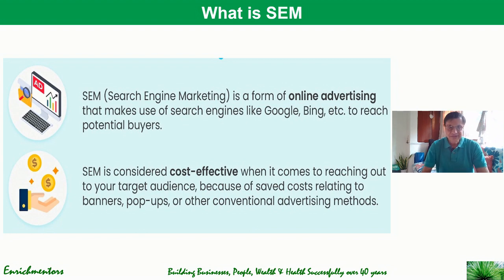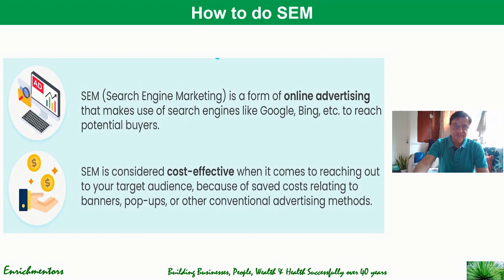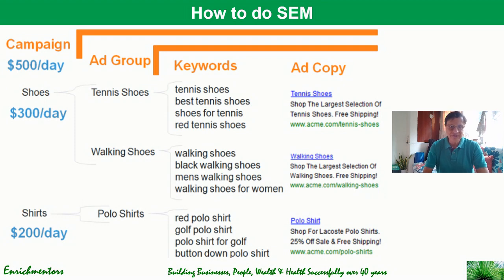So the question is, how do you do search engine marketing? Any thoughts on that? I'm giving you an example of how you can do it on Google. You start with running a campaign, and you need to decide a budget that you will spend on a particular day, let's say $500 a day. You could spend on two categories of products, shoes and shirts, and there again you split the budgets.